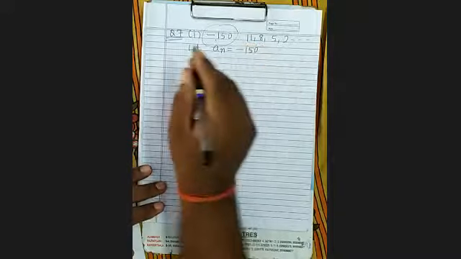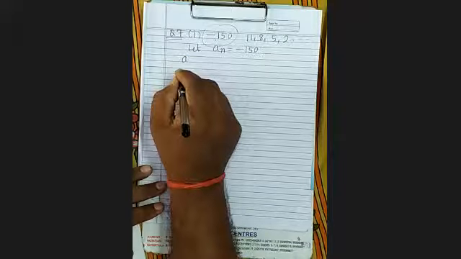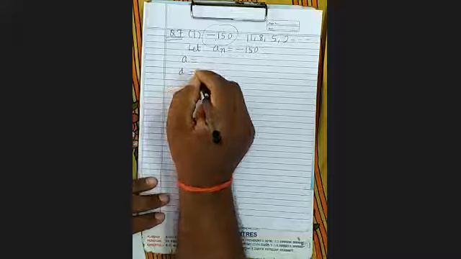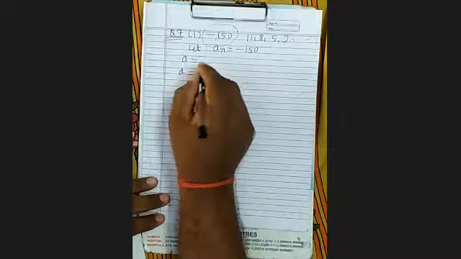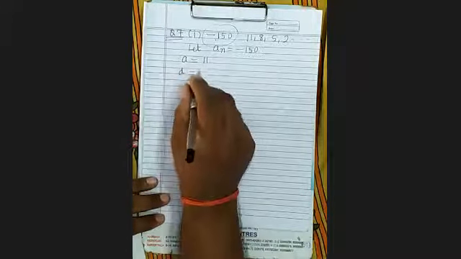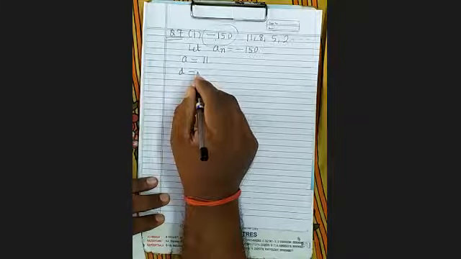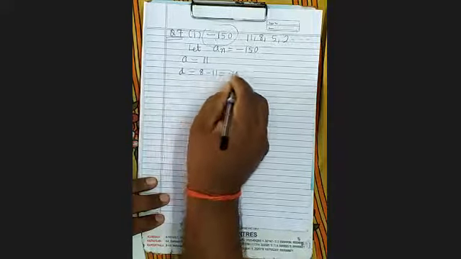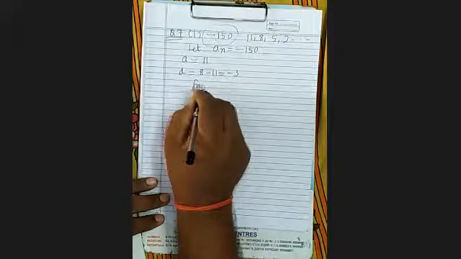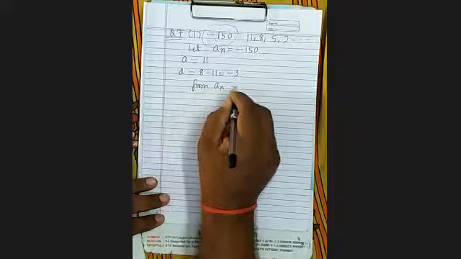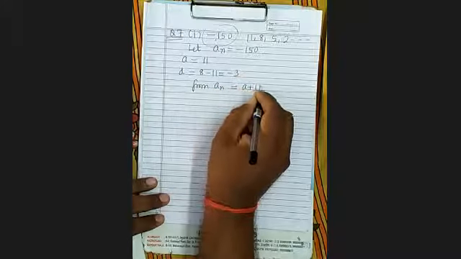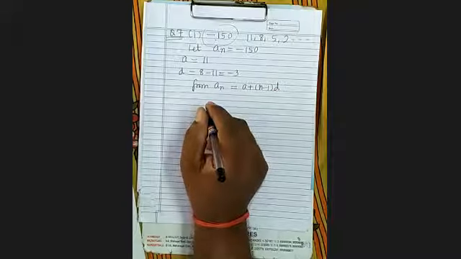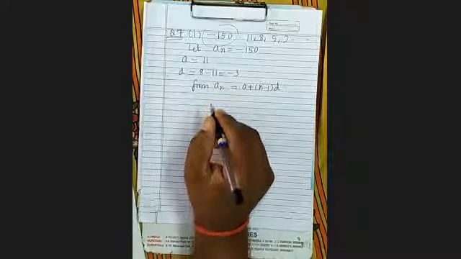So see here, what is A here? Who will tell? A is 11. What is D? 8 minus 11, minus 3. So from an equals A plus (n minus 1) d, what is an?